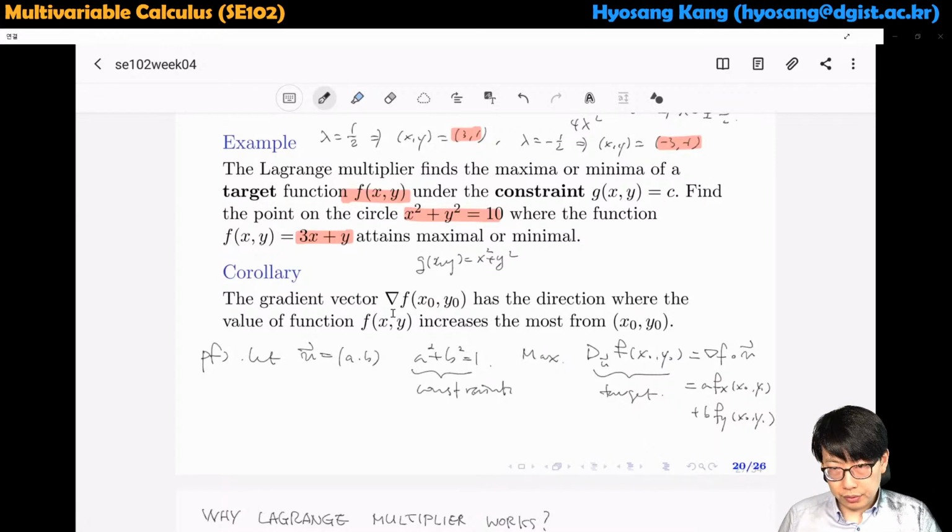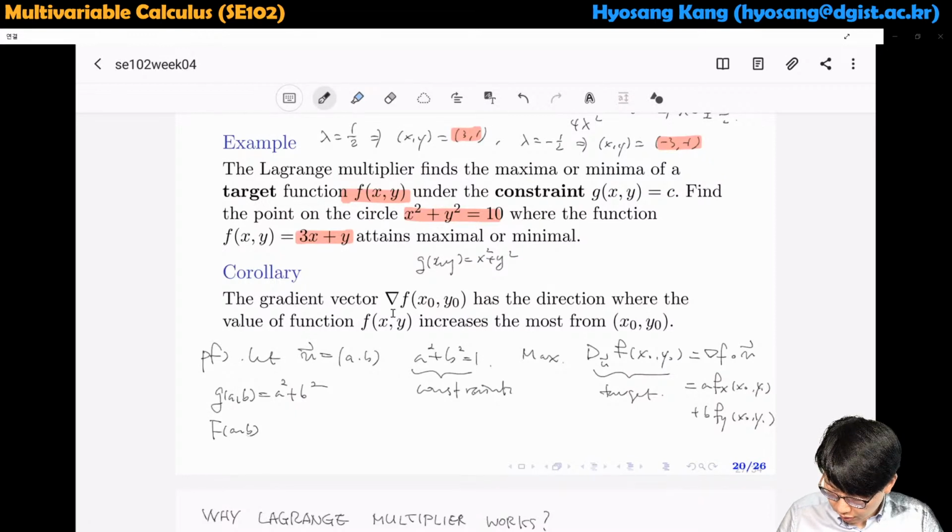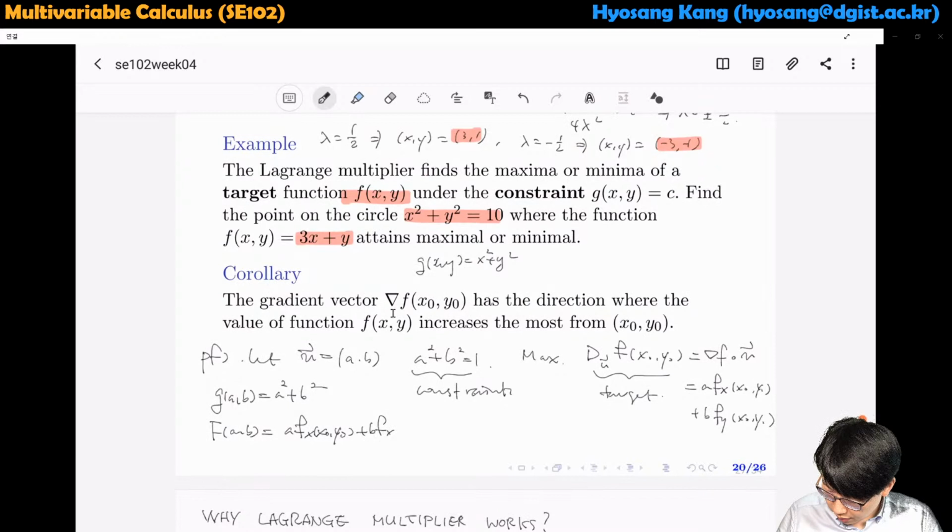So how do we use the Lagrange multiplier? We set g(a, b) to be a squared plus b squared, and we use f. So let's say we have a large F to be the target function, a fx(x0, y0) plus b fy(x0, y0).